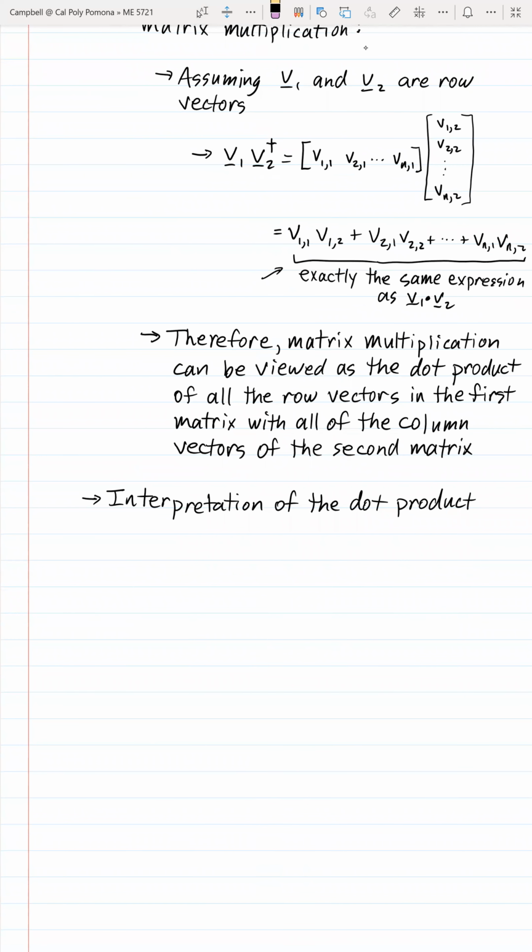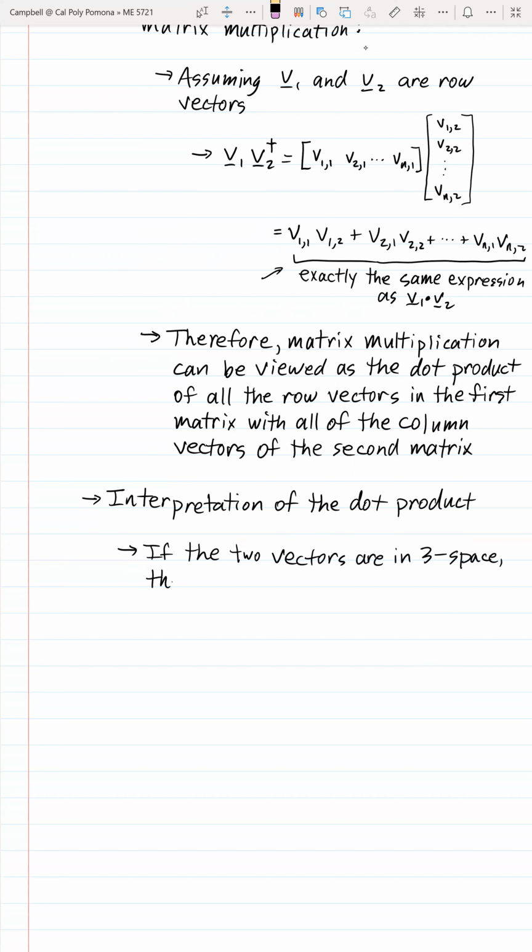Let's say for right now, because it's relatively easy for us to visualize it, that the two vectors are in 3 space, in other words, 3-dimensional space, because that helps us visualize it.